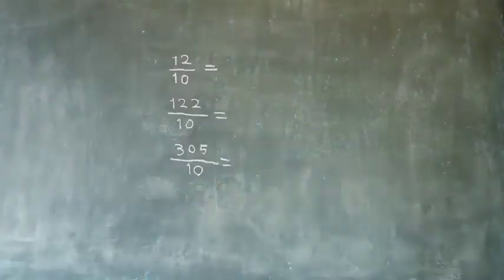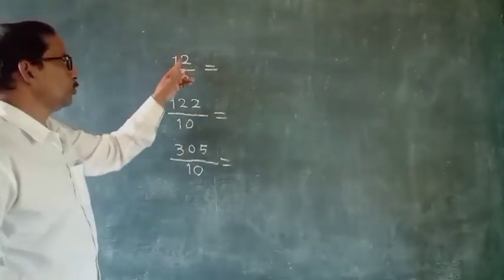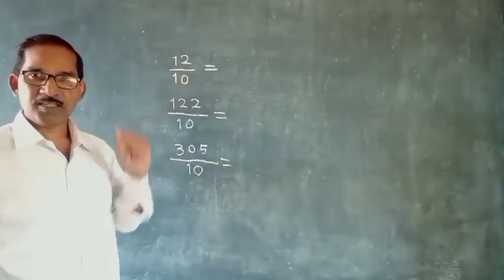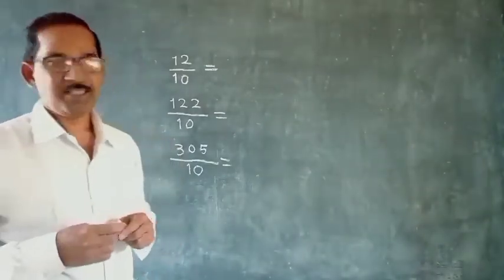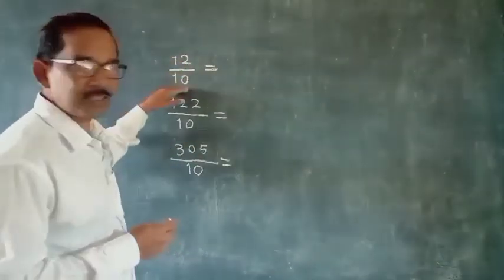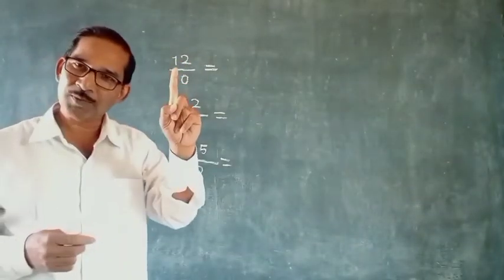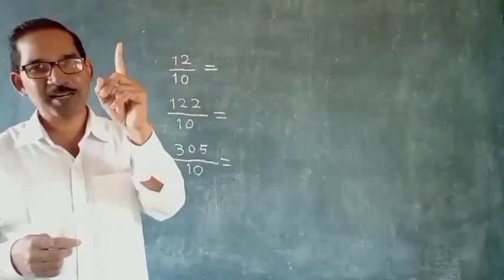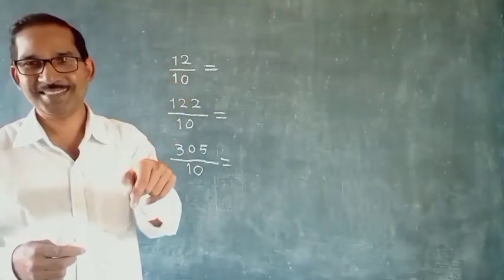Now see, this is 12 by 10. 12 by 10 means we have to divide 12 into 10 parts. One full number will come and another fraction will come, that is 2 by 10.